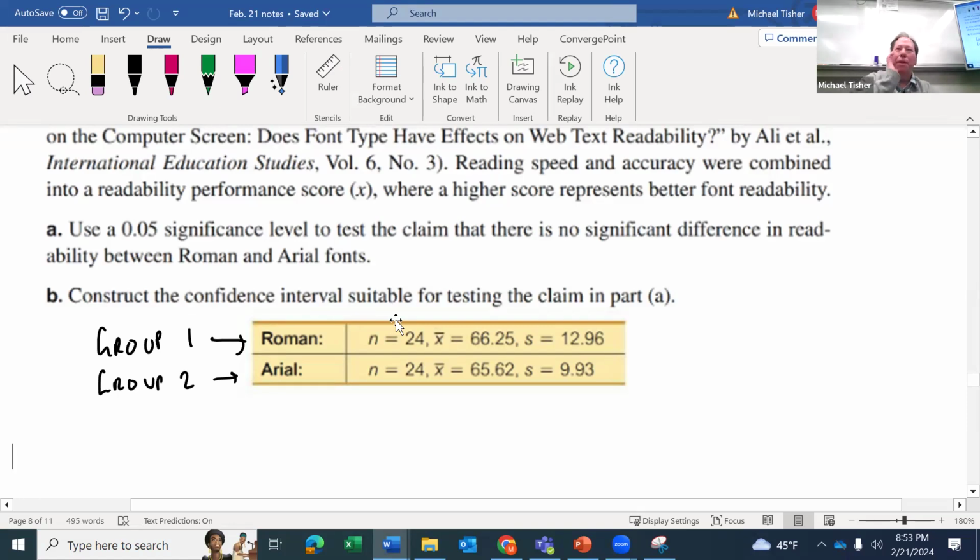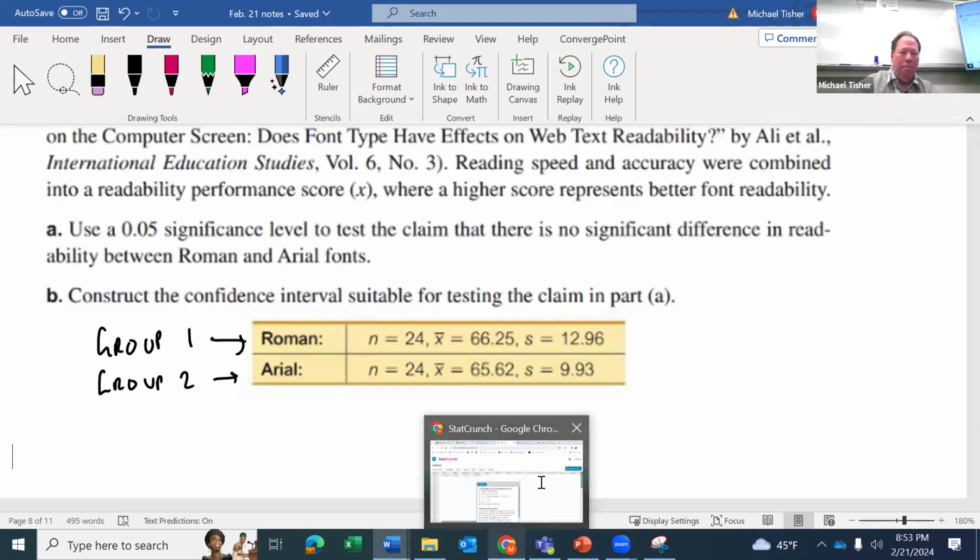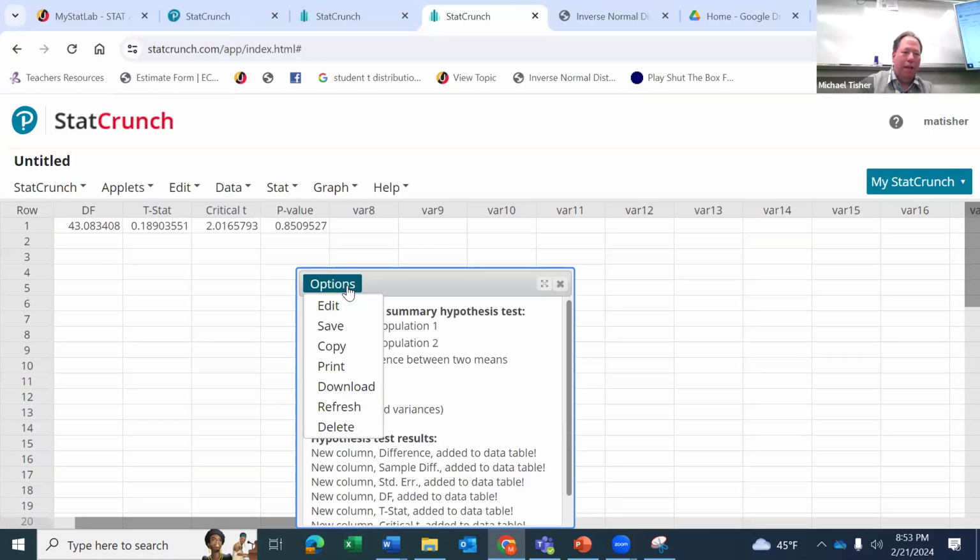Now my stat lab will do a lot of problems where you have to construct a confidence interval in addition to a hypothesis test, okay? So to construct a confidence interval, we can go back to what we have and then click options and then click edit. Okay, do options and edit. Everybody there? Options, edit.